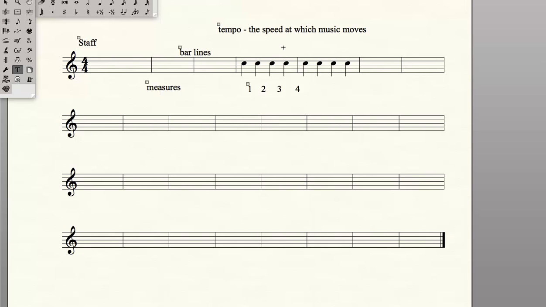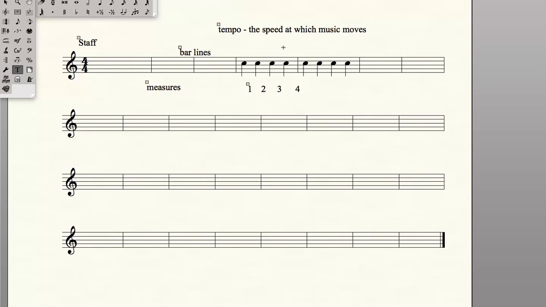I can count off a song 1, 2, 3, 4, 1, 2, 3, 4, and then it's going to go really fast. Or I can count it 1, 2, 3, 4, and that just means it's going slow. So the tempo is determined by whoever decides, or whoever writes the song, or whoever decides to count it off. Okay? So that's some basics on counting and how music is set up.